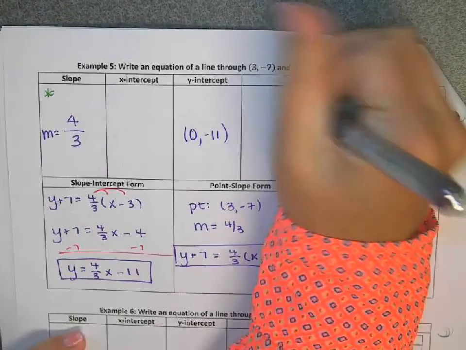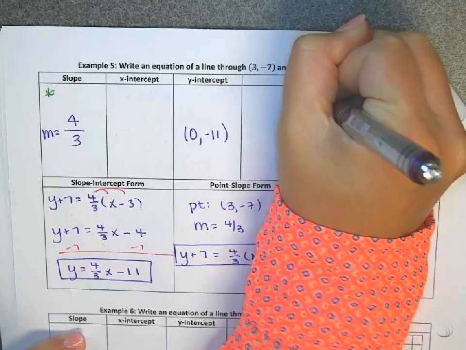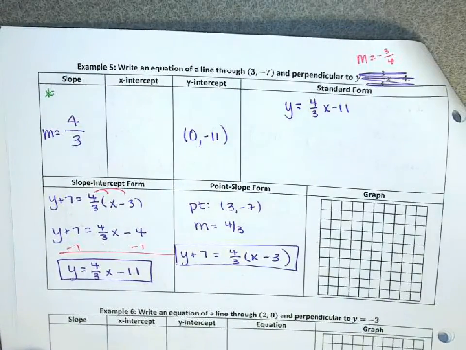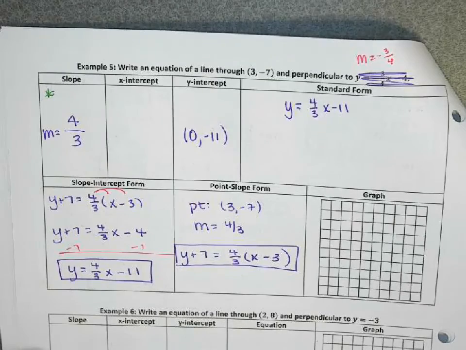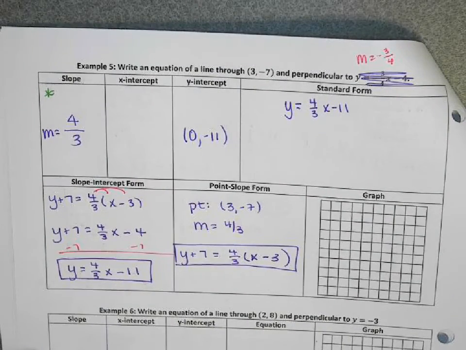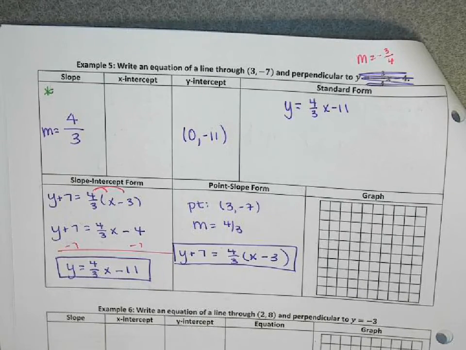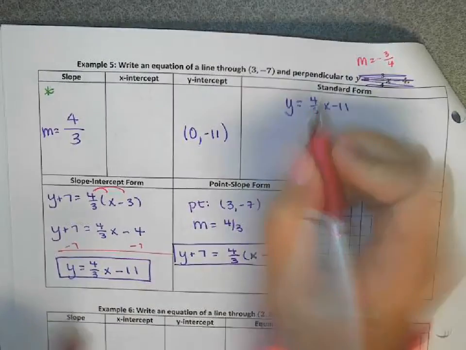So I'd probably use my slope-intercept form. What should I do first? For standard form, what am I going to do? Subtract that 4/3 x, move it to the other side.